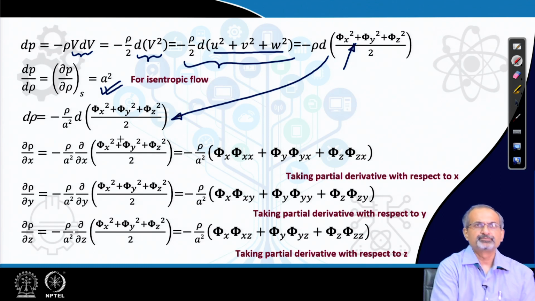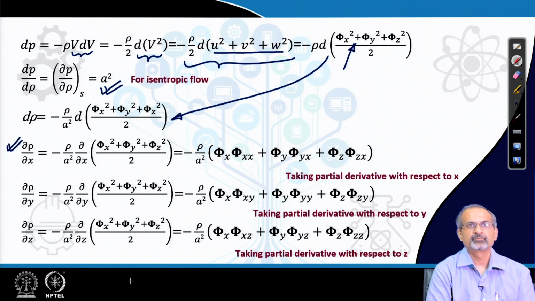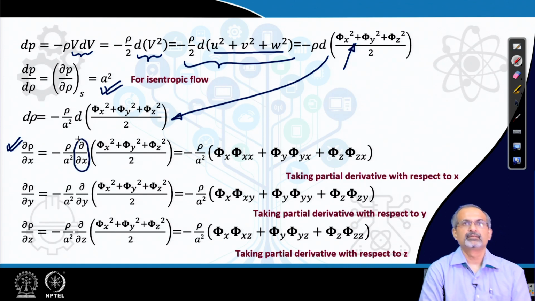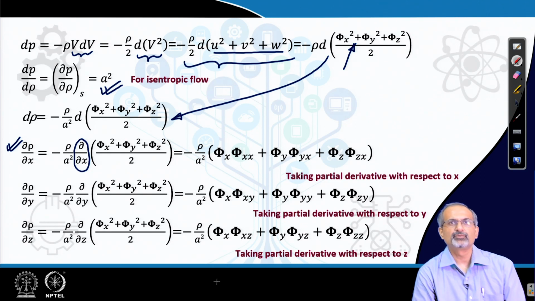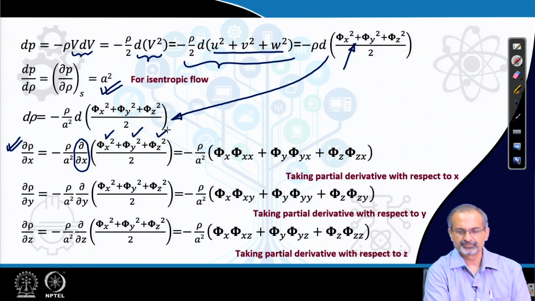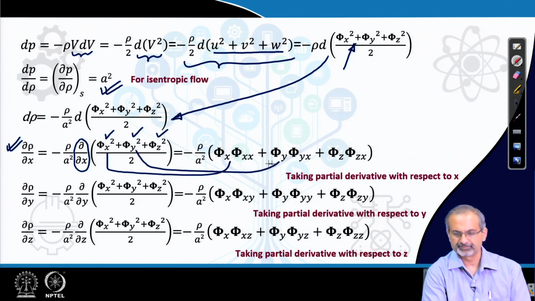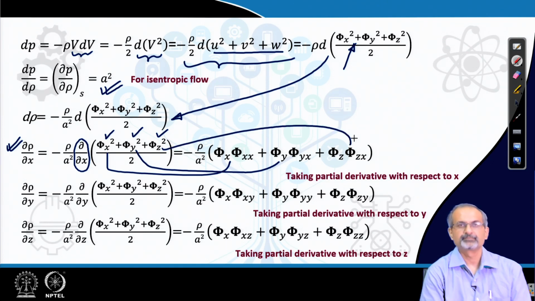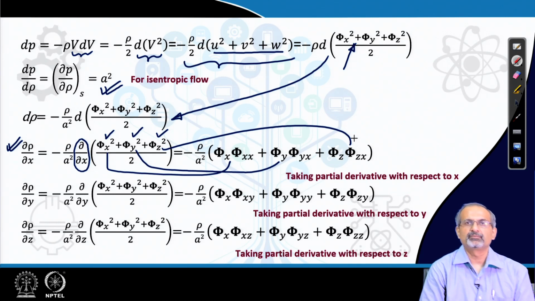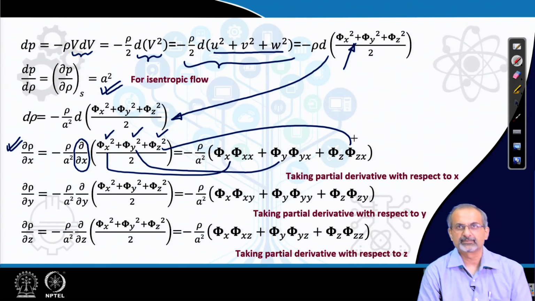Once we have that, we take a partial derivative with respect to x of this equation. That reflects here on the right hand side, and what does that give you? When you do the partial derivative with respect to x for each one of these terms, you get the corresponding terms here. So, that is the equation you get by taking a partial derivative with respect to x.